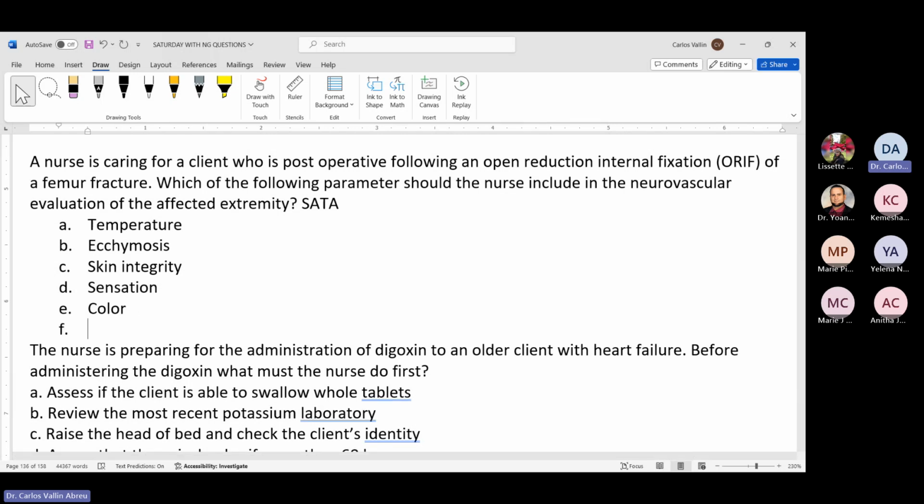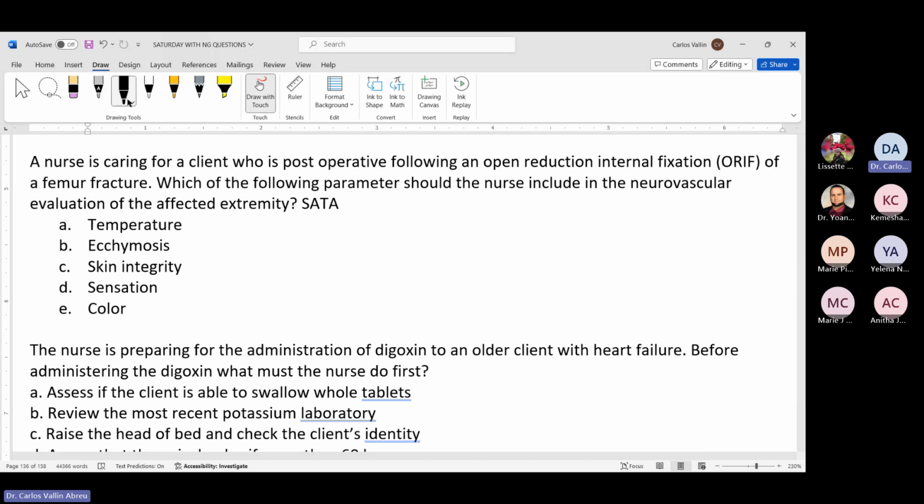You know that after a fracture, cast, or surgery in the lower extremities, you need to do a neurovascular assessment for early detection of complications. In the case of this femur fracture, it could be a compartment syndrome. Okay, so what is included in the neurovascular assessment?